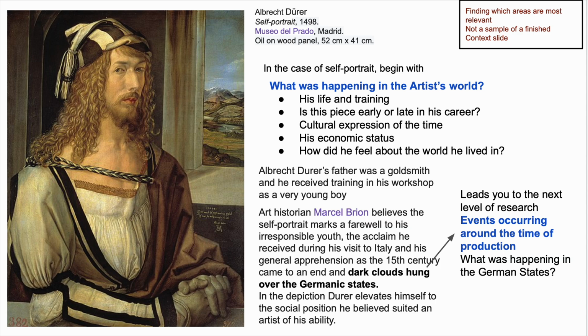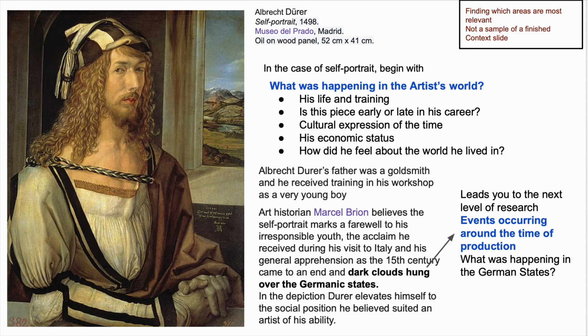And here's a little bit of information just to give you a taste of what might go on this slide in regards to what's happening in the artist's world. Albrecht Dürer's father was a goldsmith, and he received training in his workshop as a very young boy. Art historian Marcel Briand believes that the self-portrait marks a farewell to his irresponsible youth, the acclaim he received during his visit to Italy, and his general apprehension as the 15th century came to an end and dark clouds hung over the Germanic states.